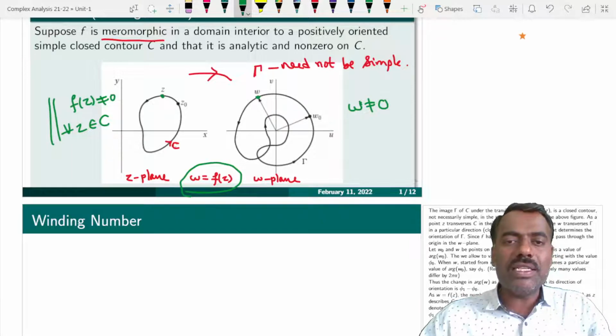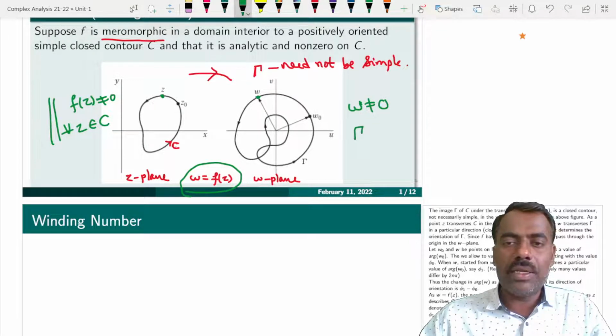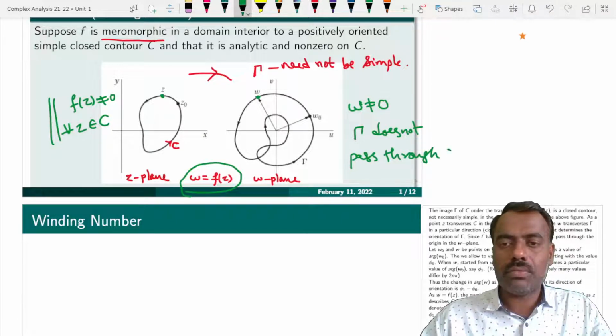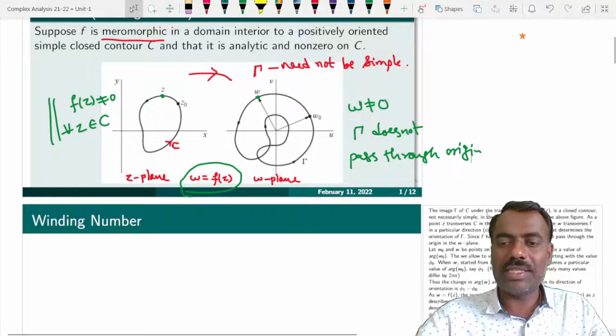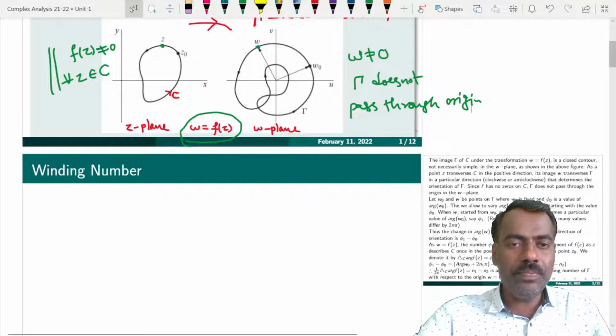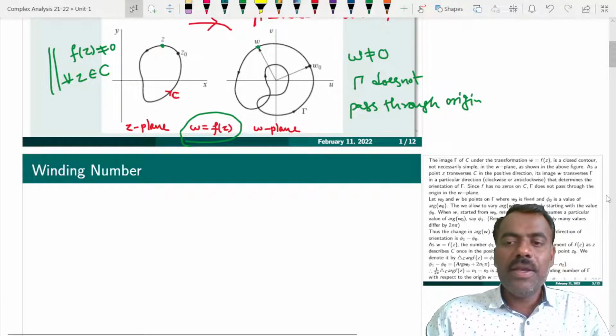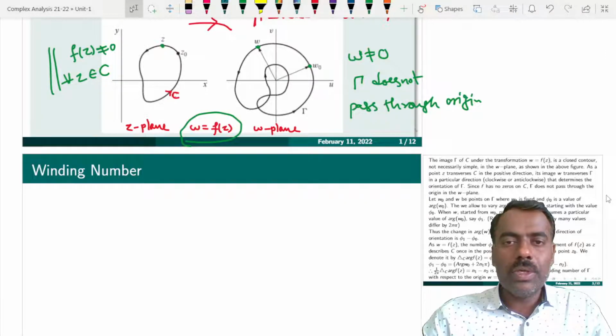That means this curve gamma does not pass through the origin. I have written that here in small text, but I am explaining it instead of reading it.